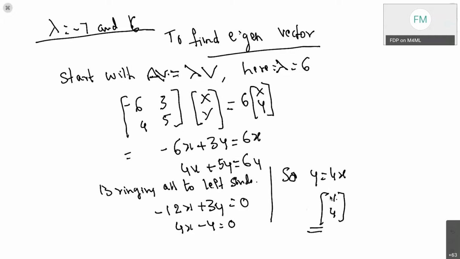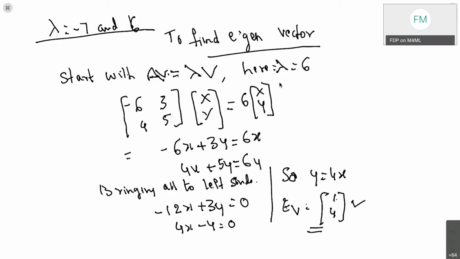So where the two variables x and y are solved through this, an eigenvector is any non-zero multiple of this. Now let's test this, because we say that an eigenvector is any non-zero multiple of this.